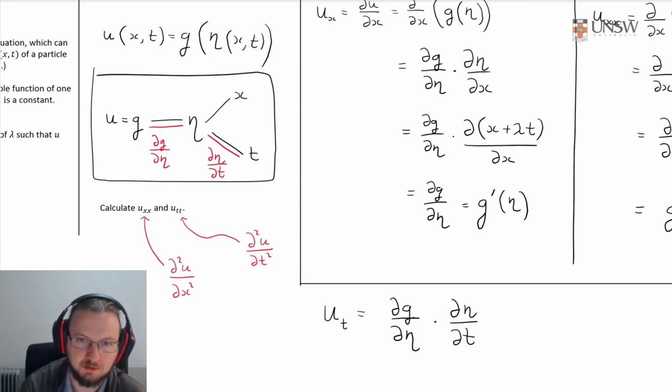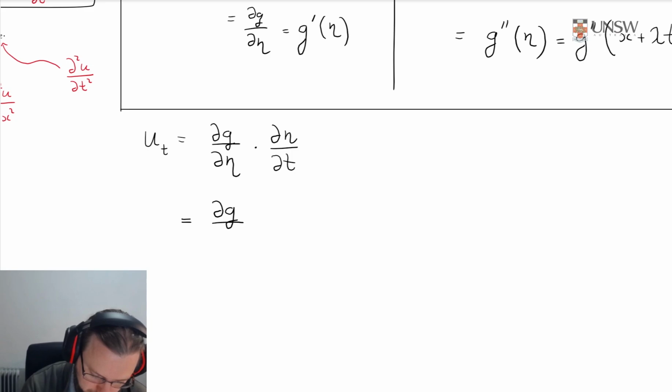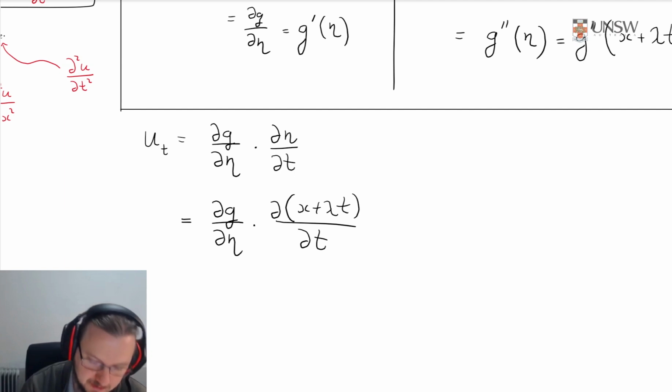So it's the partial derivative of eta with respect to t. It's the partial derivative of g with respect to eta times the partial derivative of eta, which is just x plus lambda t, with respect to t.